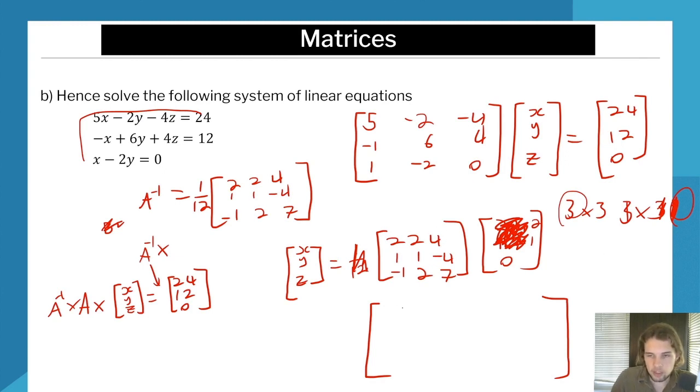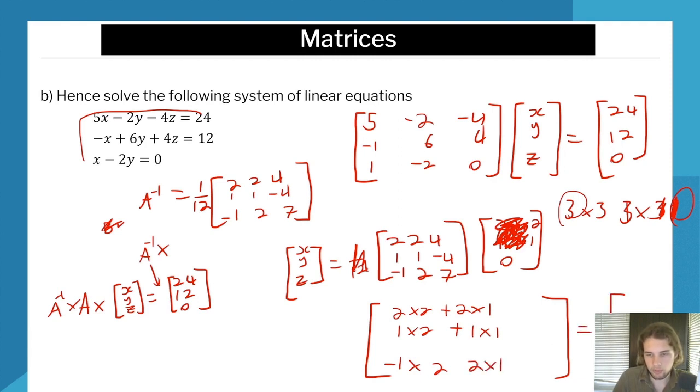And now we can find, okay, what's in position row 1, column 1? We have 2 times 2 plus 2 times 1, and then we can ignore the 0. Down here we have 1 times 2 plus 1 times 1. Down here we have minus 1 times 2, and 2 times 1.